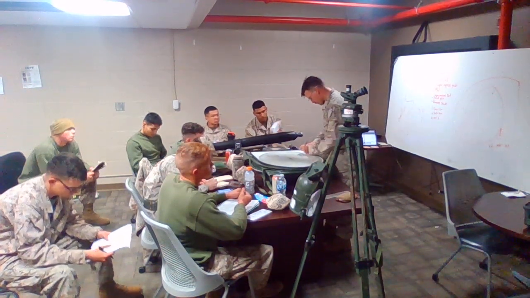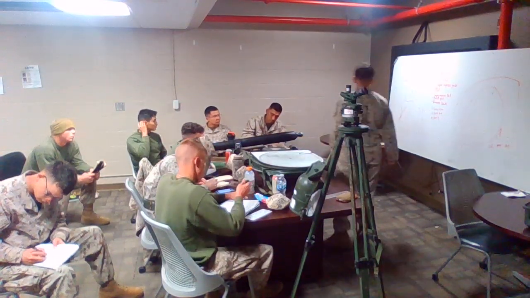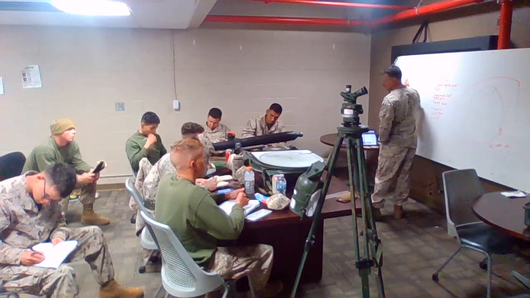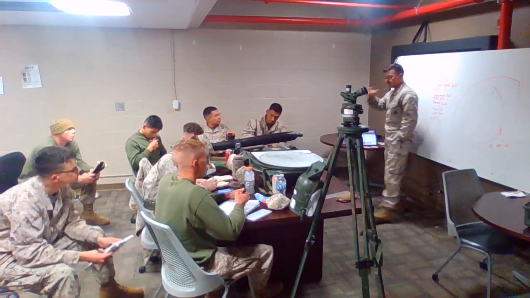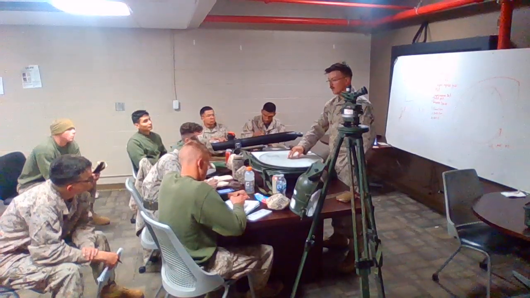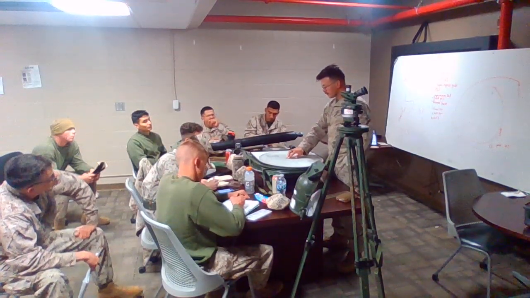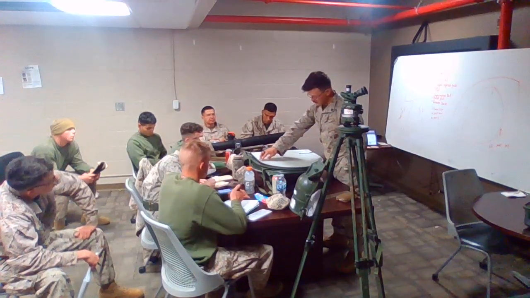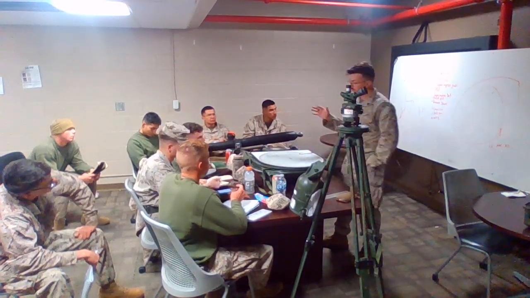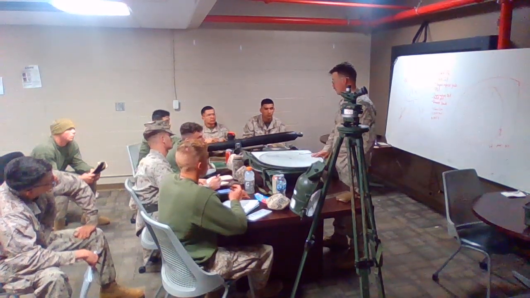All right. So now we know that we are shooting from here to here, right? Note that from the center of this plotting board, it only goes up to around 3,200.